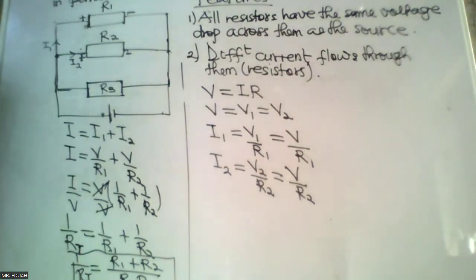RT is equal to R1 plus R2 plus R3 all over R1, R2, R3. I doubt. Look at it again. K, what have you had? RT is equal to R1, R2, R3, all on R1 plus R2 plus R3. I doubt.